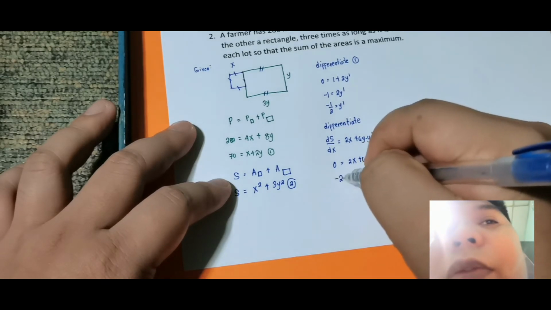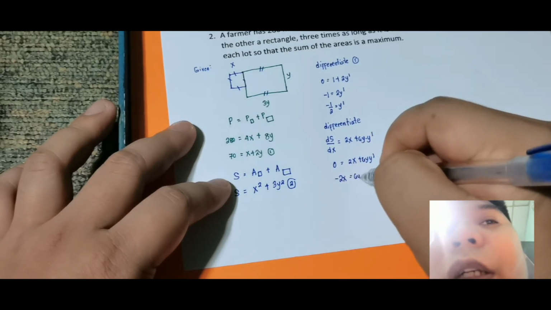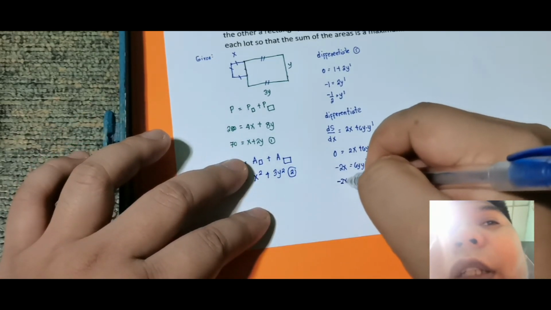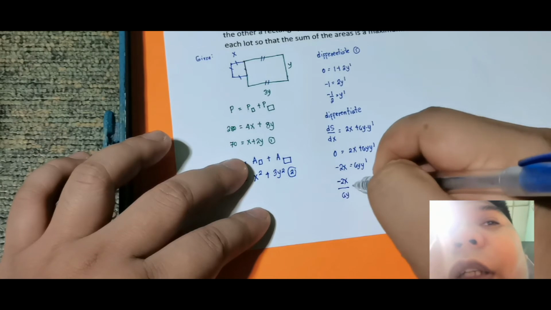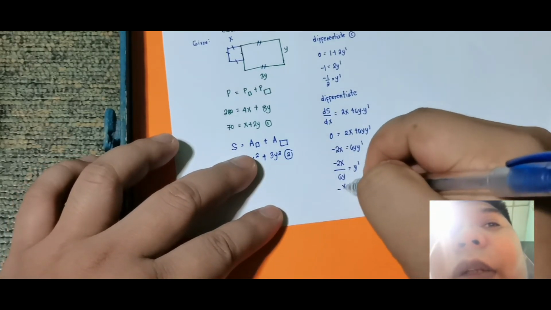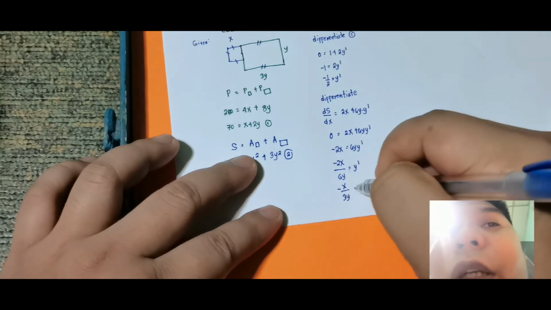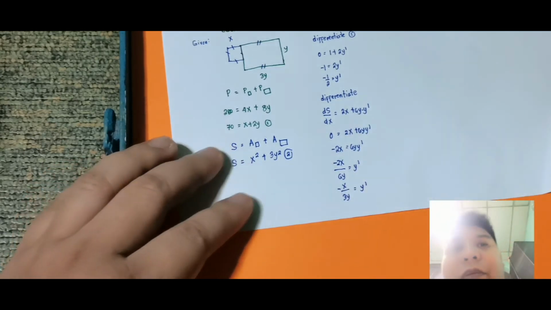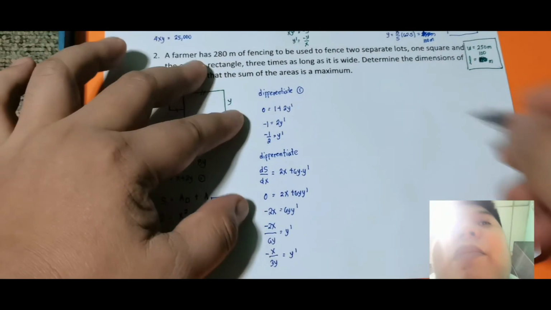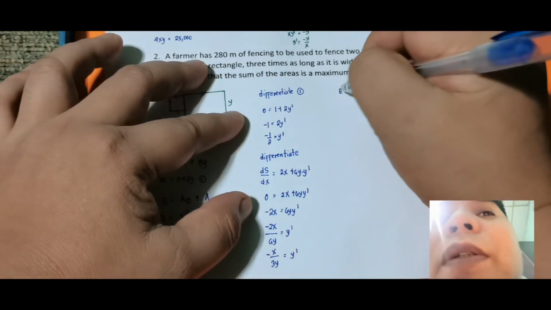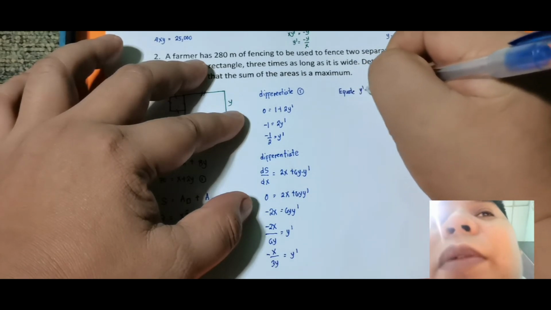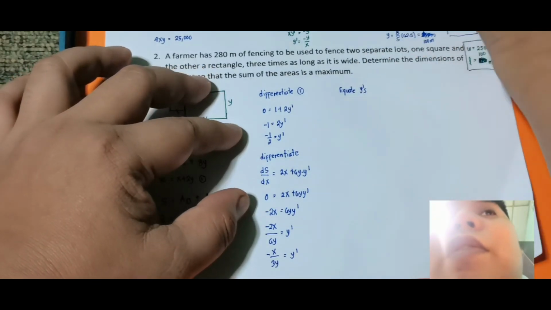Then this is negative 2x is equal to 6y y prime. Therefore negative 2x over 6y is equal to y prime, or simply negative x over 3y is equal to y prime. Okay, now equate natin yung dalawang y prime. So equate y primes.